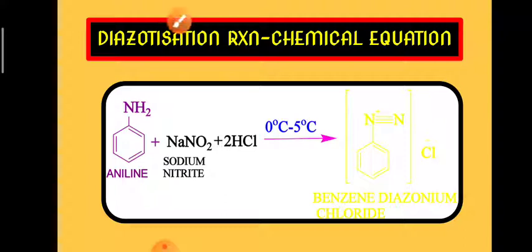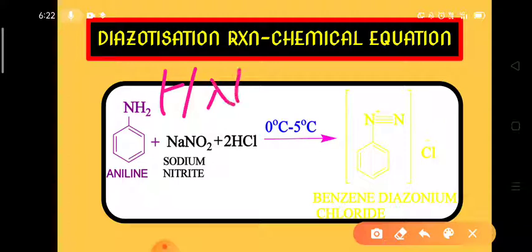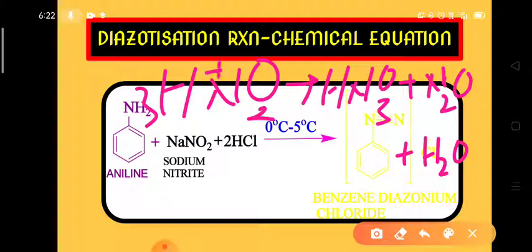Nitrous acid is unstable and decomposes to nitric acid and nitrous oxide as per this reaction. Nitrous acid formula is HNO2 and oxidation state of nitrogen in this acid is +3, whereas the oxidation state of nitrogen in nitric acid is +5 and the oxidation state of nitrogen in nitrous oxide N2O is +1.